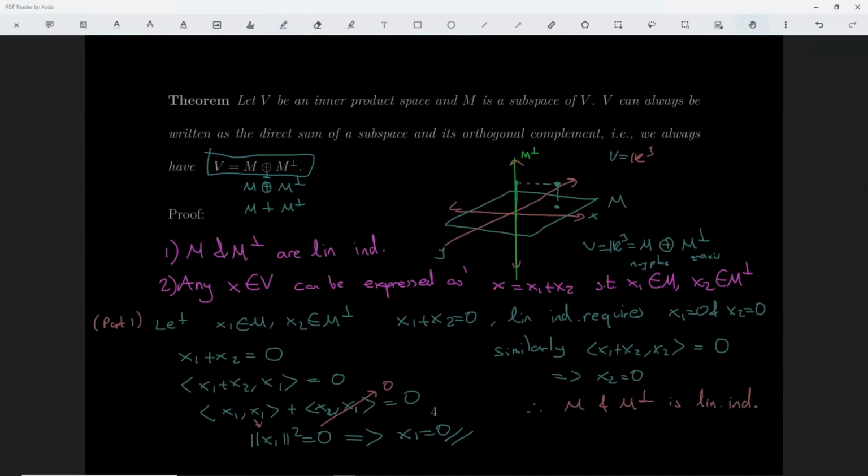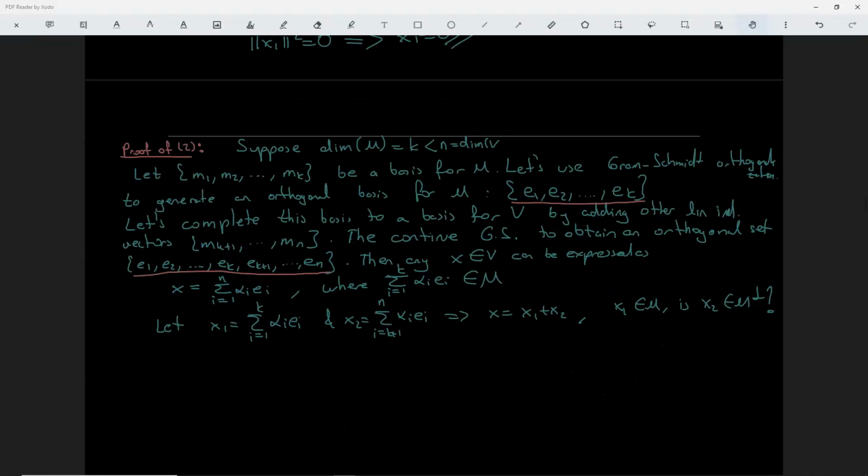So what we did was that we first obtained an orthogonal basis set for this subspace, all right? And then we completed it and made another orthogonalization and obtained a full orthogonal basis for the vector space V. And what we would like to show is, let's have a look at the remaining vectors, whether they will fall into the M orthogonal complement.